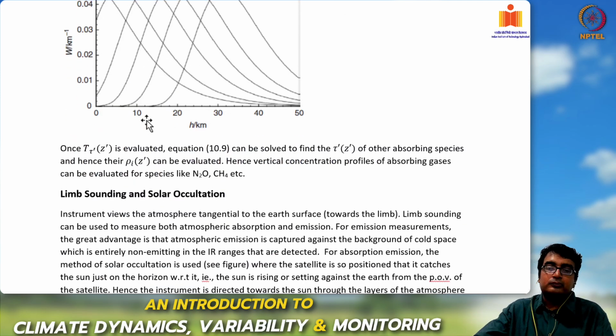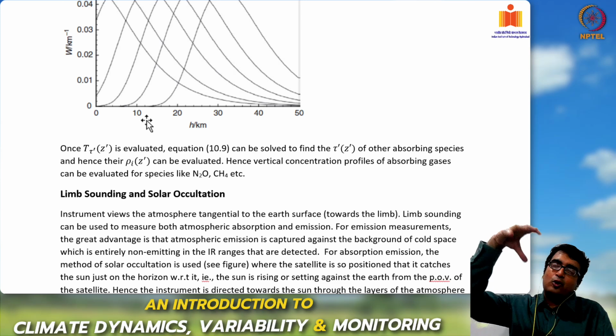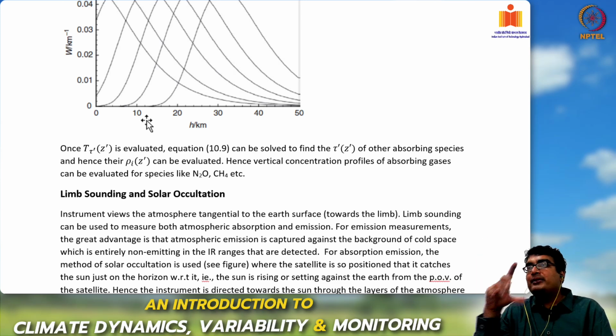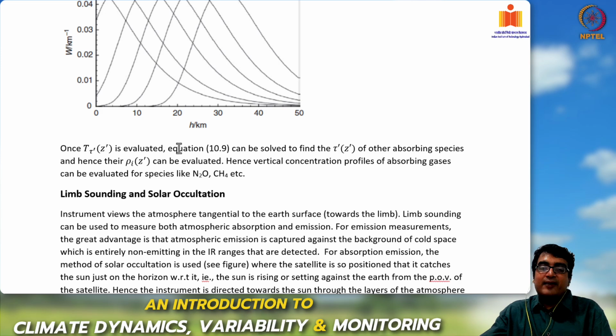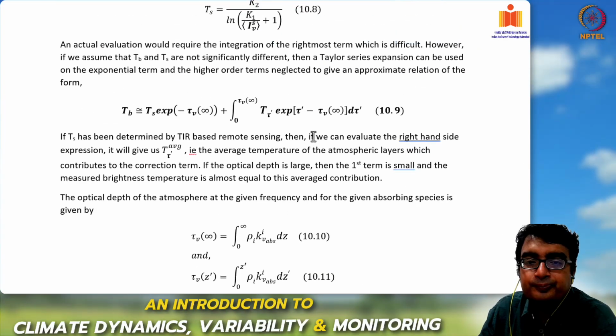Okay. But one of the problems is that while Nadir gives a vertical profile over a certain location, the resolution is reasonably poor. So once T tau prime is evaluated, equation 10.9, this equation here.